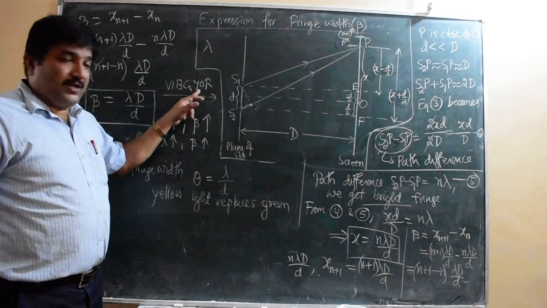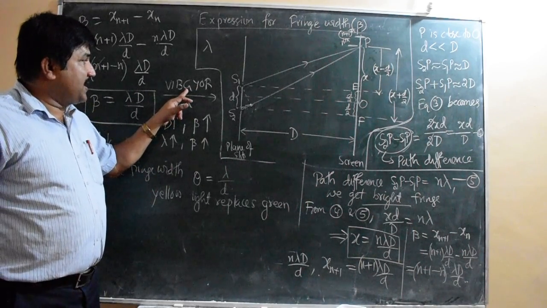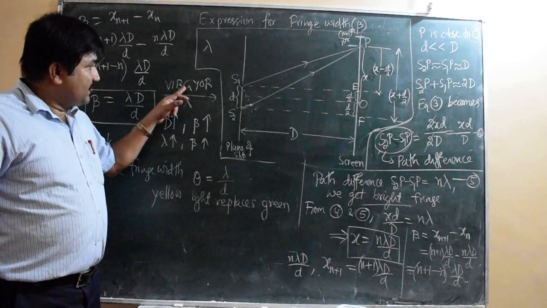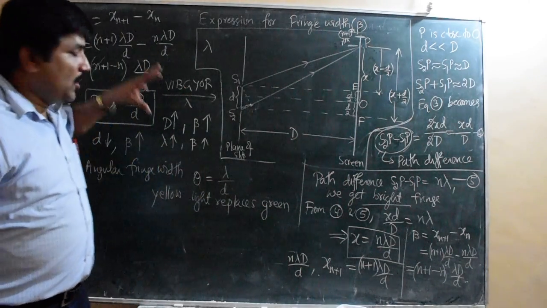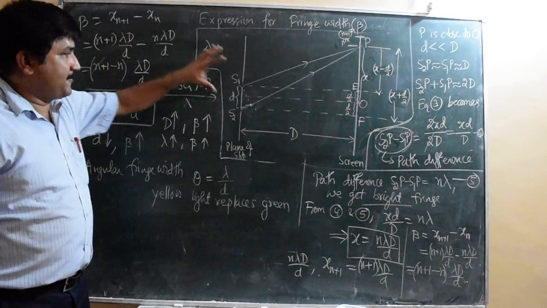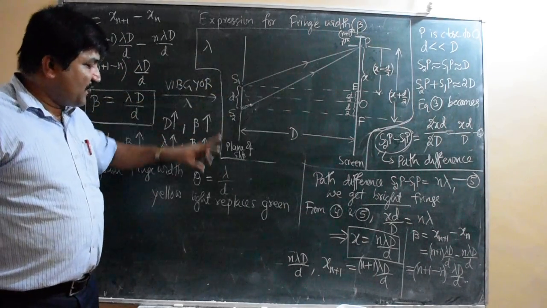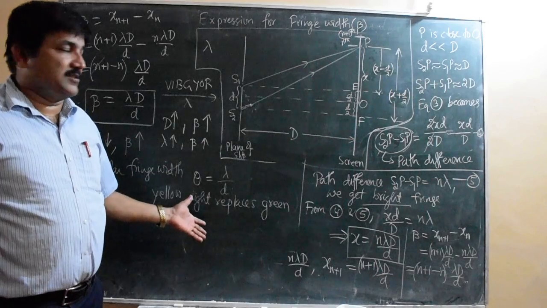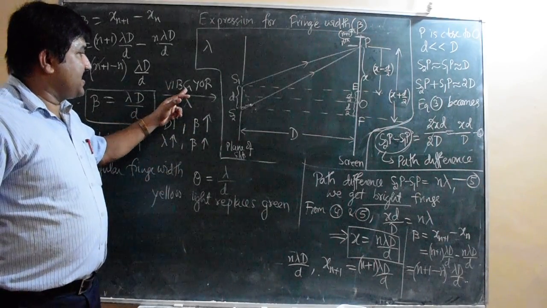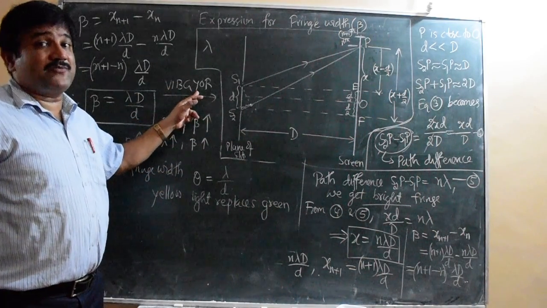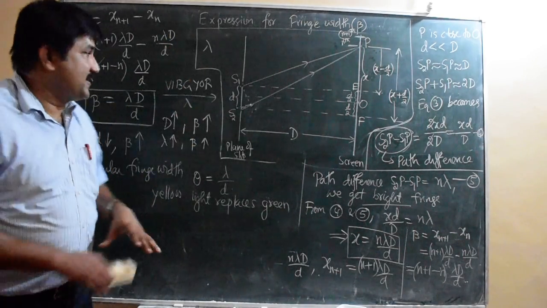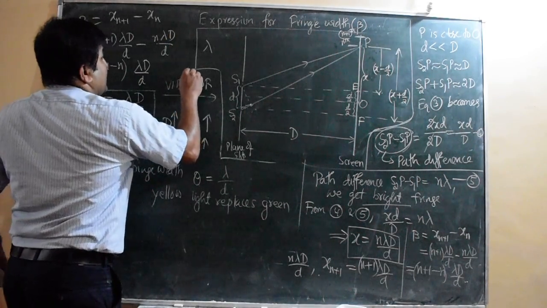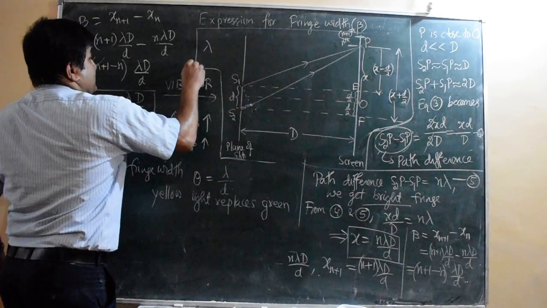Initially we used green; yellow replaces green means yellow came into the experimental setup instead of green light. That means we are changing the light from green to yellow. Fringe width increases, the beta value increases.